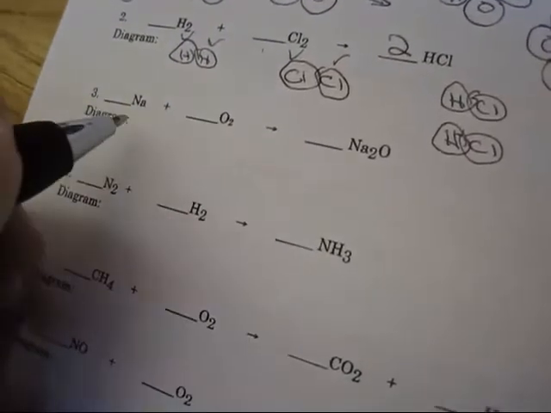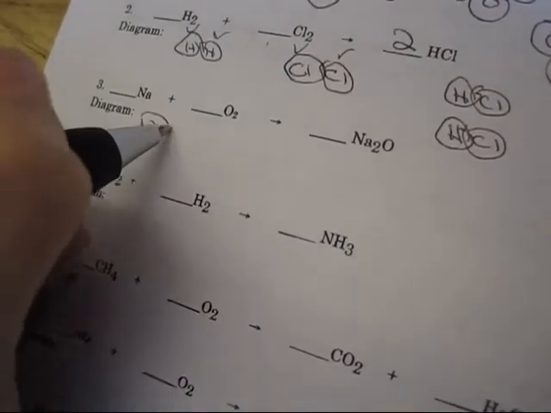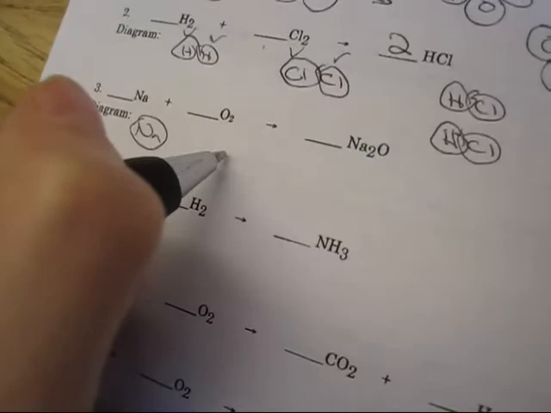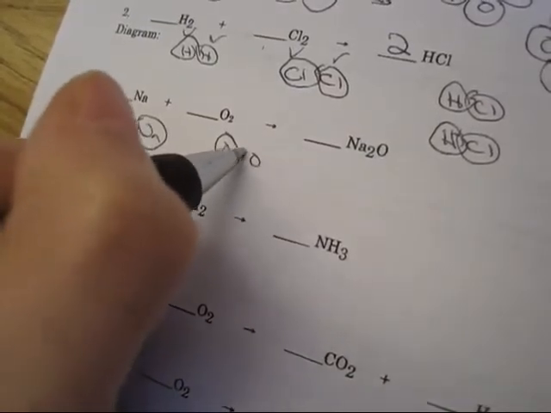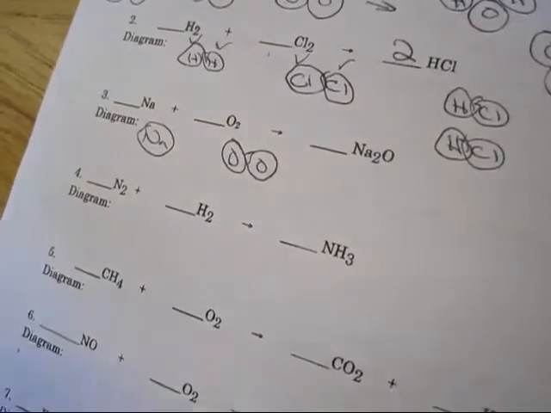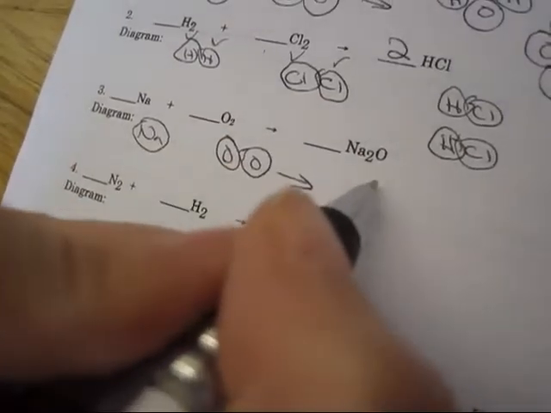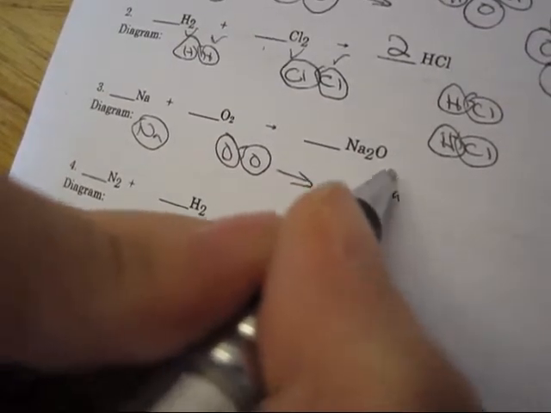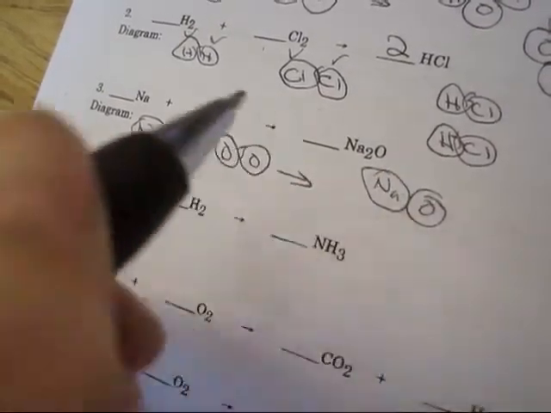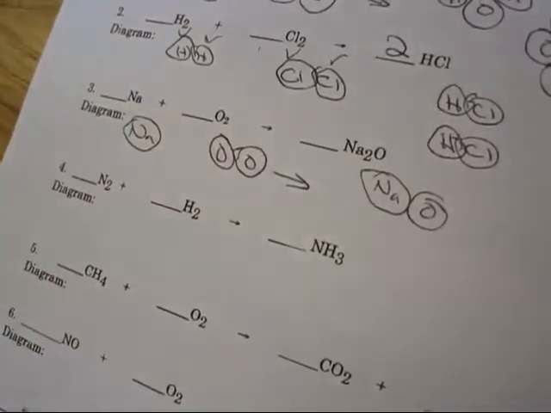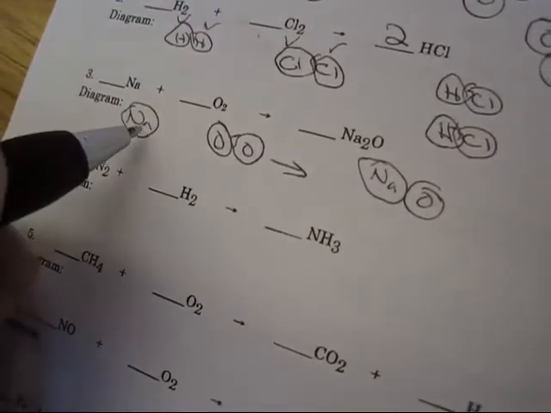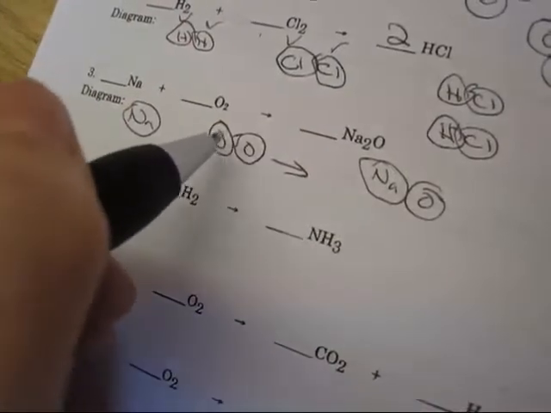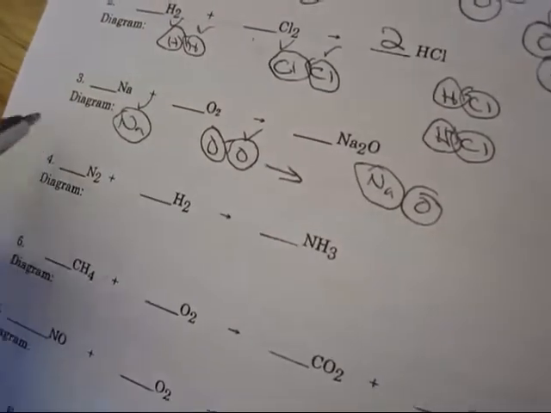All right, continue on. Sodium, Na, and then this is O2, this is diatomic, so I need 2 bonded together. So over here to make my product, I could do an Na and an O, but I don't have enough for Na2. So that means I need, well, I've used these 2. I definitely need another Na.